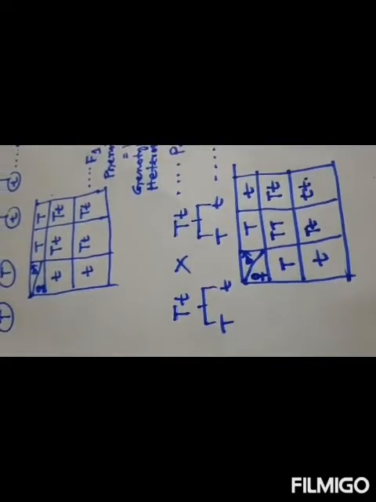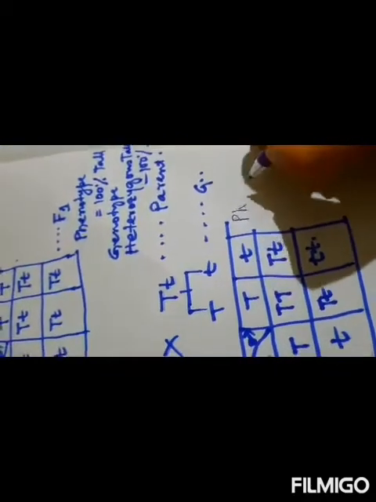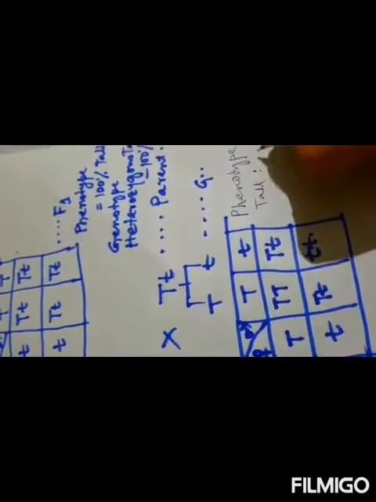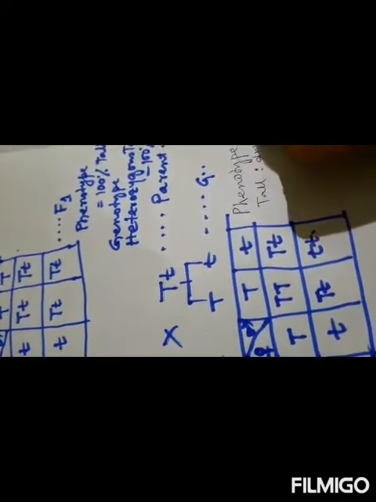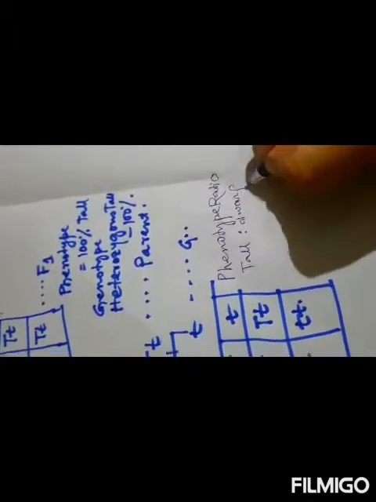So now if we write down the phenotype, what type of phenotype will we see? 2 types of phenotype we can see, that is tall and dwarf. So what will be the phenotypic ratio?